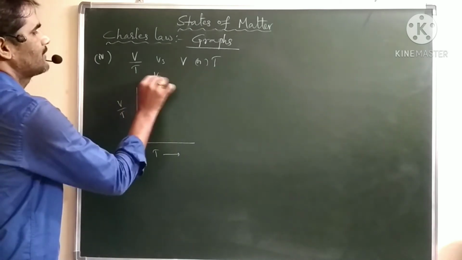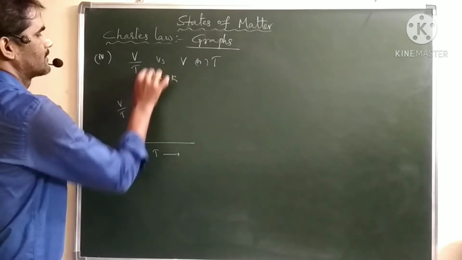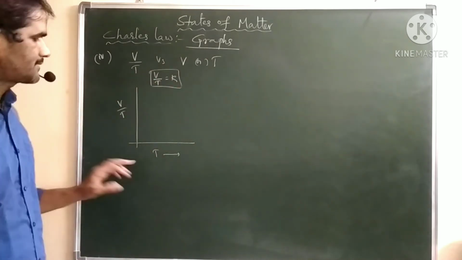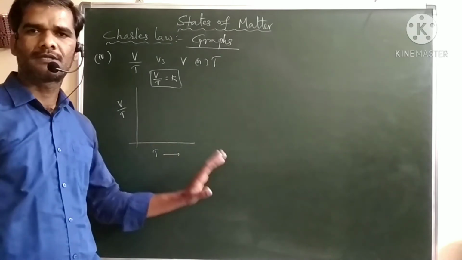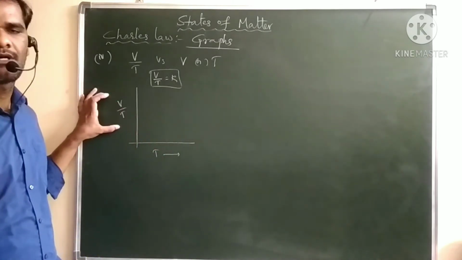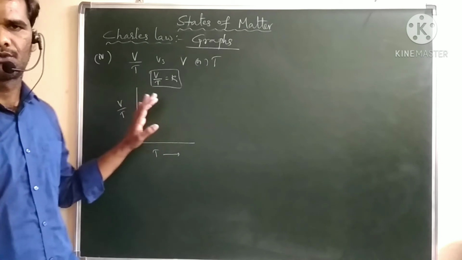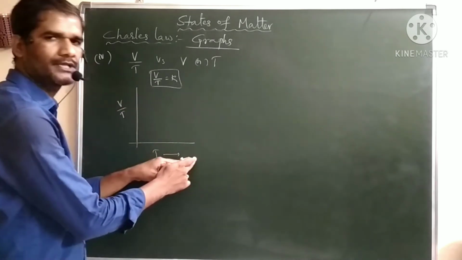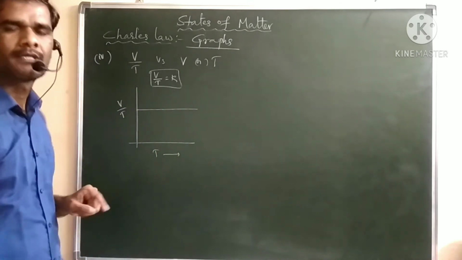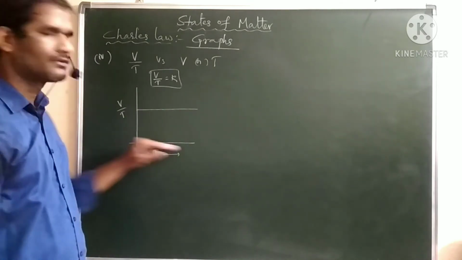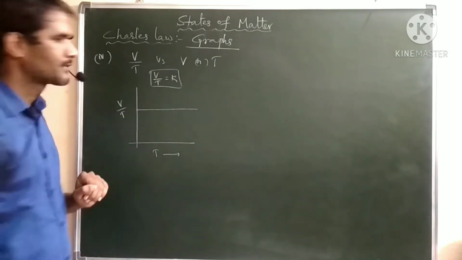We know that V by T is equal to a constant. So irrespective of the temperature and irrespective of the volume, the ratio of volume to temperature is constant. If we increase or decrease the temperature, it doesn't matter. The graph will be a straight line, constant, parallel to the x-axis.